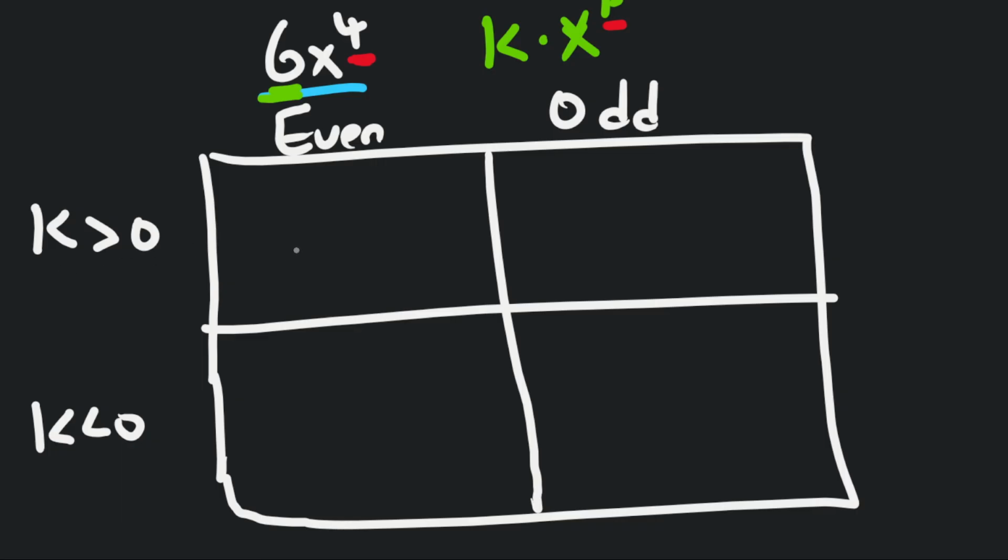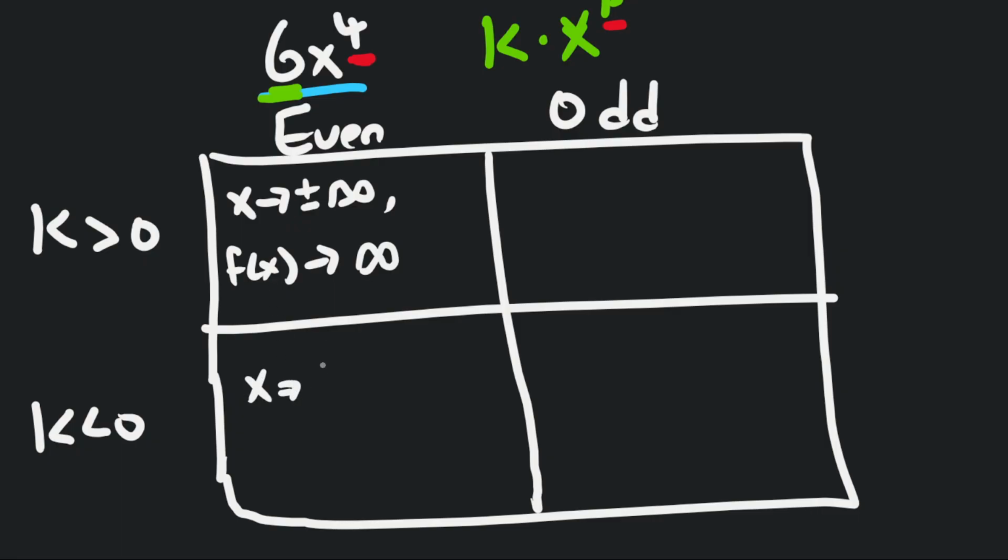So let's write down everything we know about this matrix. If k is positive and the function is even, then as x approaches plus or minus infinity, f of x approaches positive infinity. And over here, as x approaches plus or minus infinity, f of x approaches negative infinity.